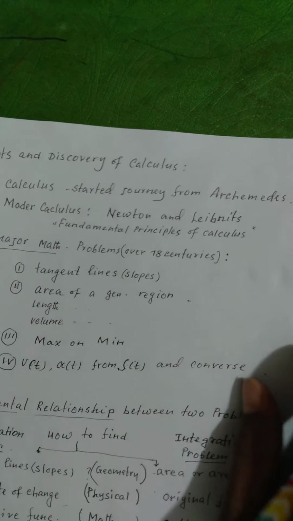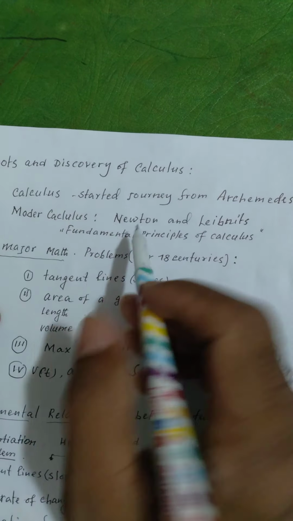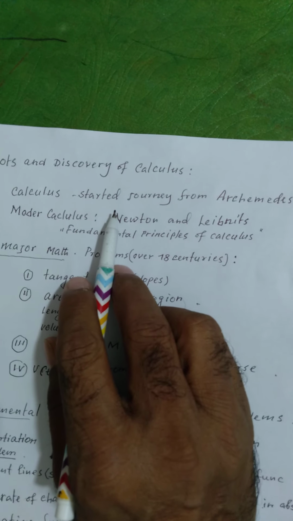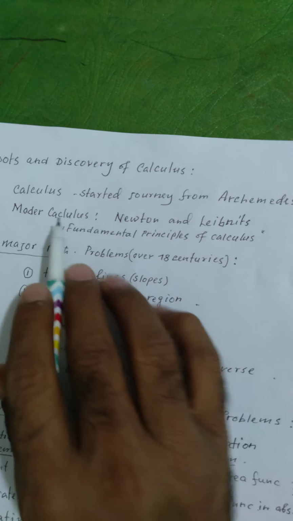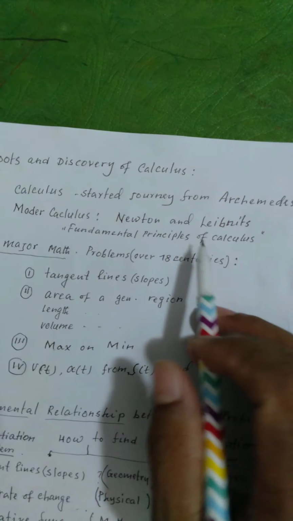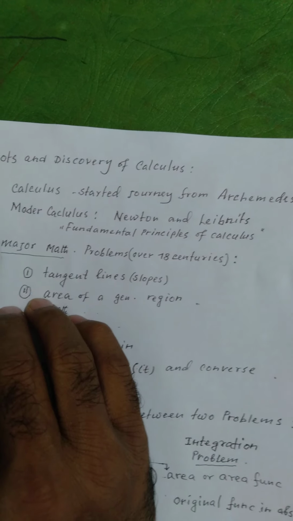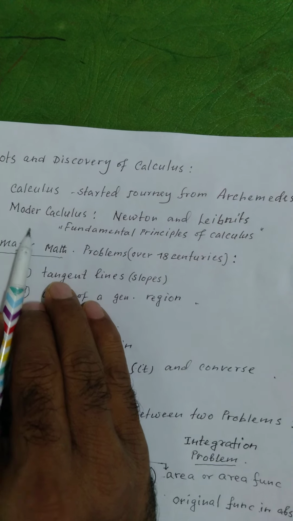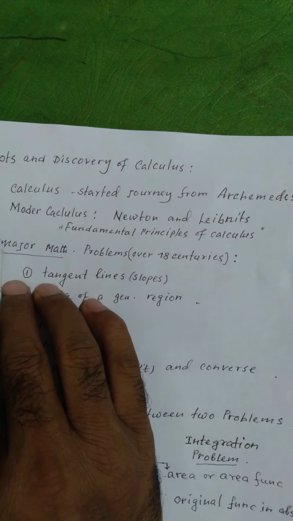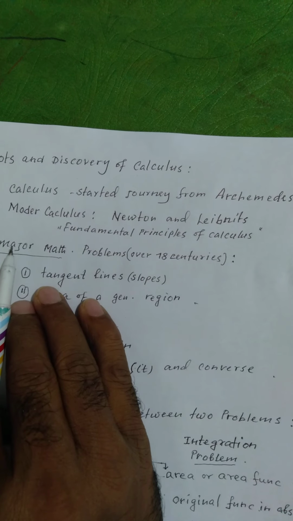Roots and discovery of calculus. Calculus is a Greek word which means calculation. Calculus started its journey from Archimedes, but modern calculus started its journey in the 17th century with Newton and Leibniz, by discovering the fundamental principle of calculus.